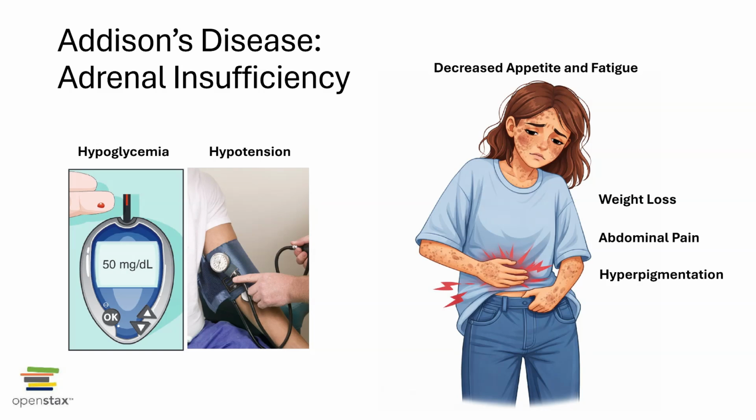Increased ACTH is responsible for hyperpigmentation in these patients because elevated ACTH can activate the receptor for melanocyte-stimulating hormone. Hyperpigmentation can also occur in patients with Cushing's disease that have a tumor producing elevated ACTH levels.